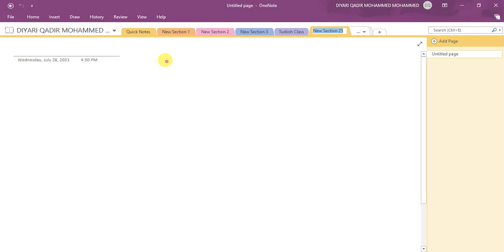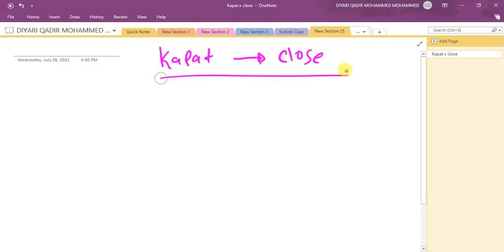Not dinle. Let's say kapat. Kapat. It means close. This is an order. Now we have this word. Let's not have this kapat directly. We are dealing with the origin of the word. Kapatmak.